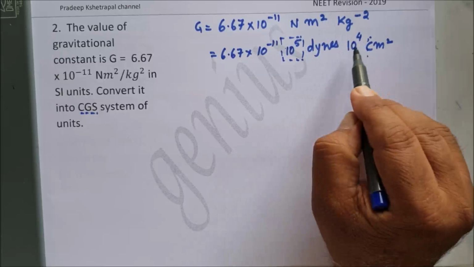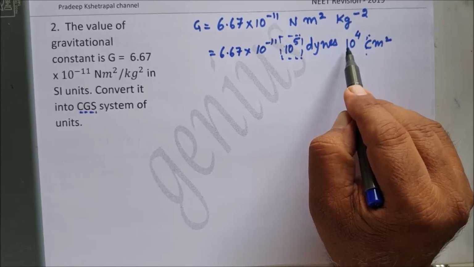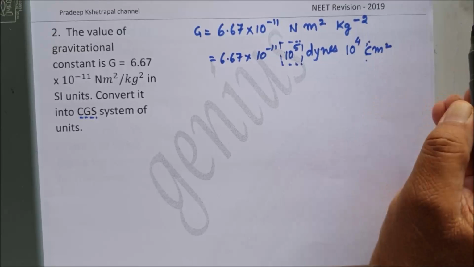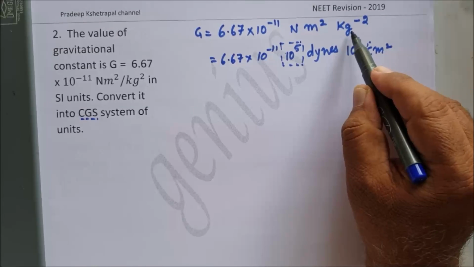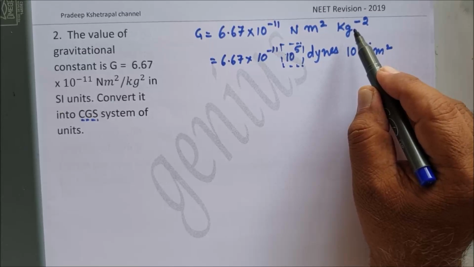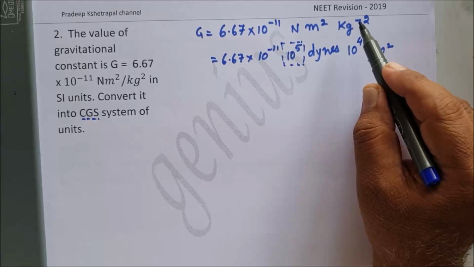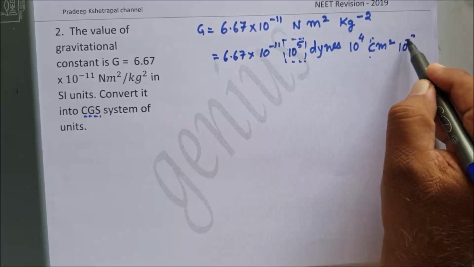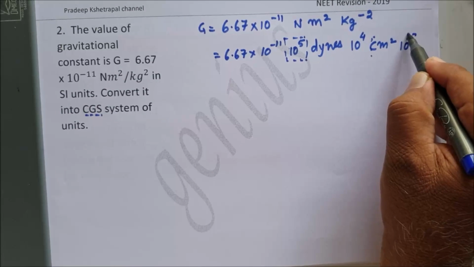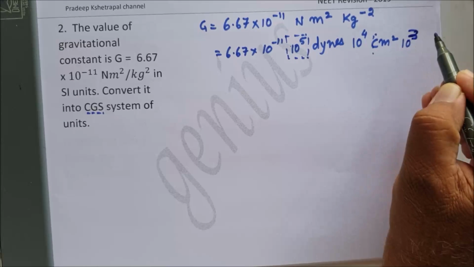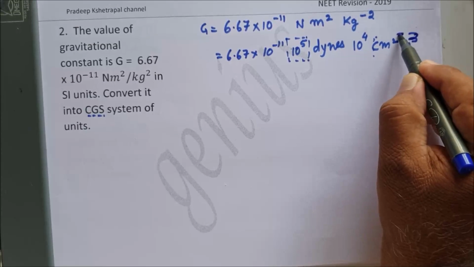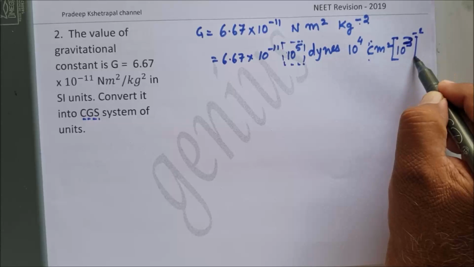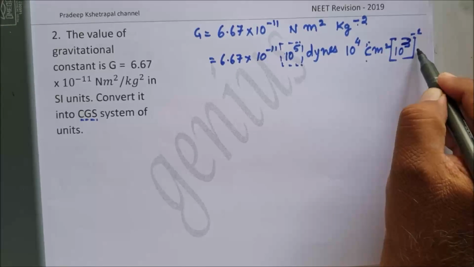So meter square is 10 to the power 2 into 10 to the power 2, that is 10 to the power 4 centimeter square. Now kg minus 2. The CGS unit is gram, and 1 kg is equal to 10 to the power 3 gram. So I write here 10 to the power 3, and this is to be given the power minus 2. So I write here minus 2, and this has become gram.